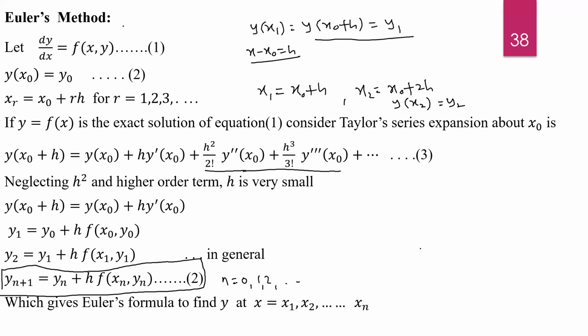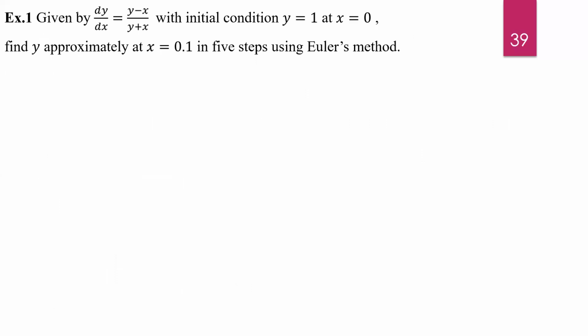Now let us discuss an example on Euler's method. So we consider the initial value problem here, given with the condition y equal to 1 at x is equal to 0, and find y approximately at x is equal to 0.1 in 5 steps using Euler's method. So here, for the 5 steps, we divide this 0.1 into 5 parts.